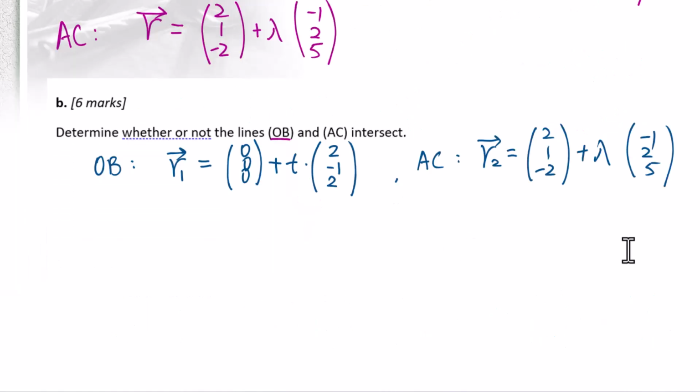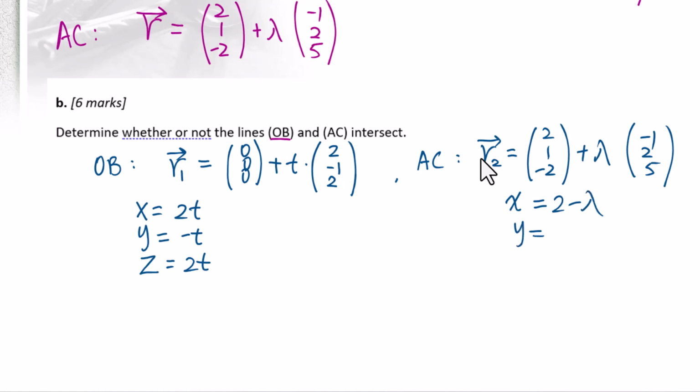We will change each vector equation into parametric form. x equals 2t, y equals -t, z equals 2t. For line AC, x equals 2 minus lambda, y equals 1 plus 2 lambda, z equals -2 plus 5 lambda.